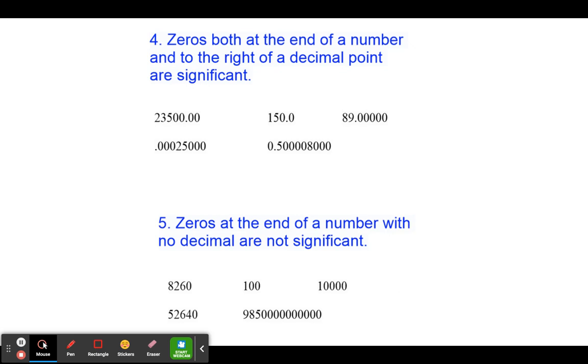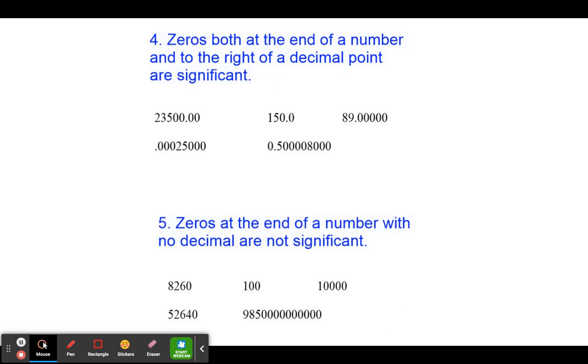What about 150.0? 4. What about 89.00000? 7. What about, tricky one, 0.0025000? 5. Good.